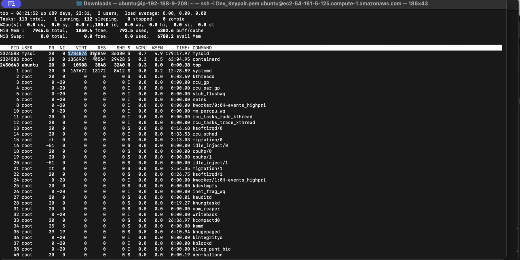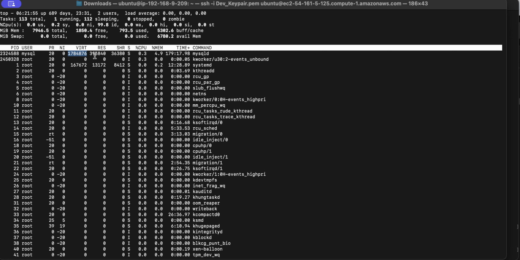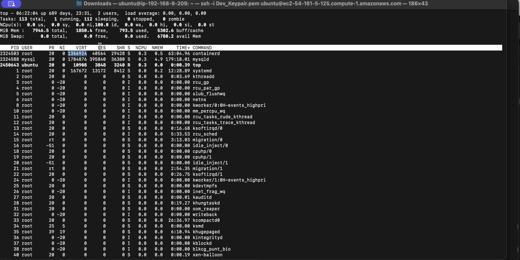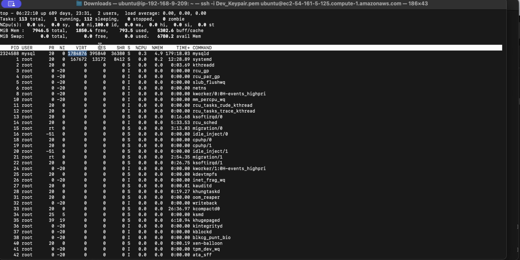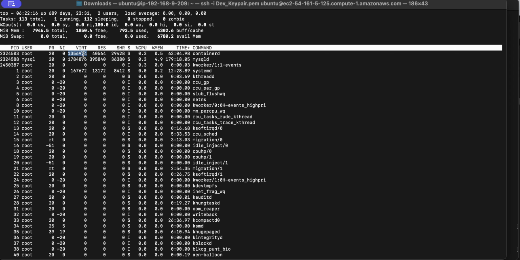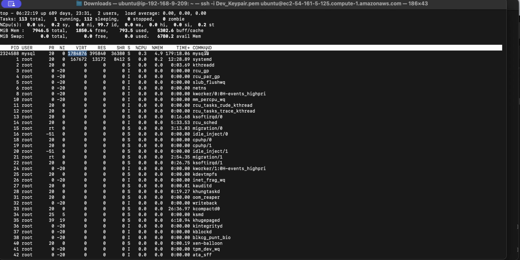Now we have RES, which means resident memory size. The virtual memory is used by code or everything, code, data, shared libraries of this process.